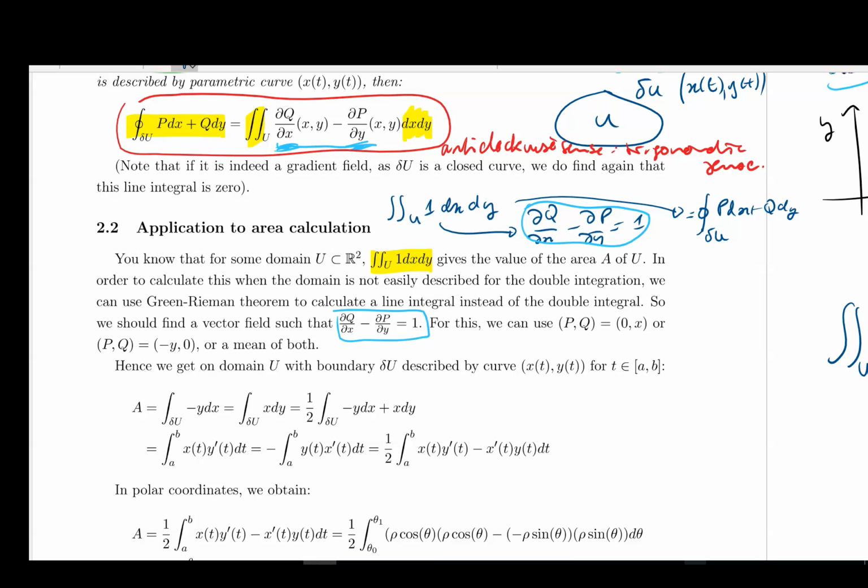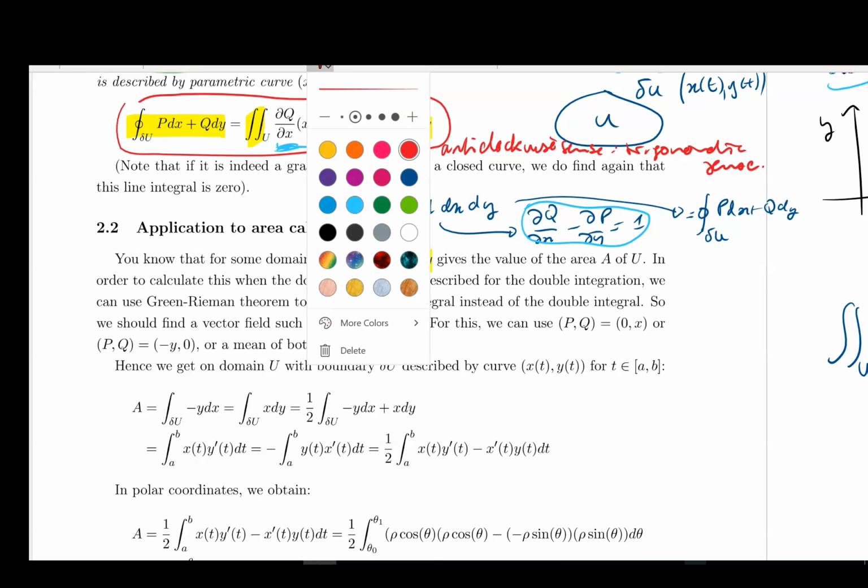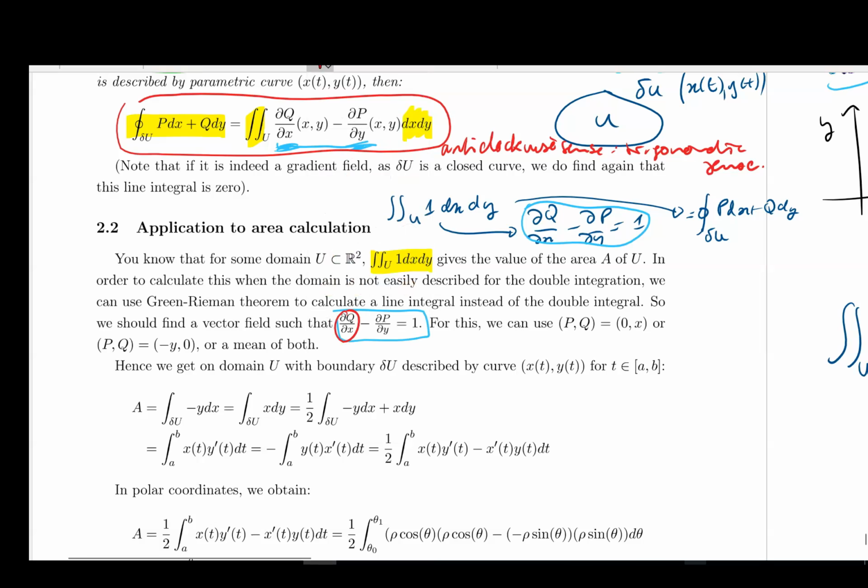If I want all the 1 to be created by this term dQ over dx, I can choose Q equal to x, and then P will be equal to 0. Or I can do the contrary. If I want the whole thing to be created by the dP over dy term, I will just need P equal to negative y and Q equal to 0.